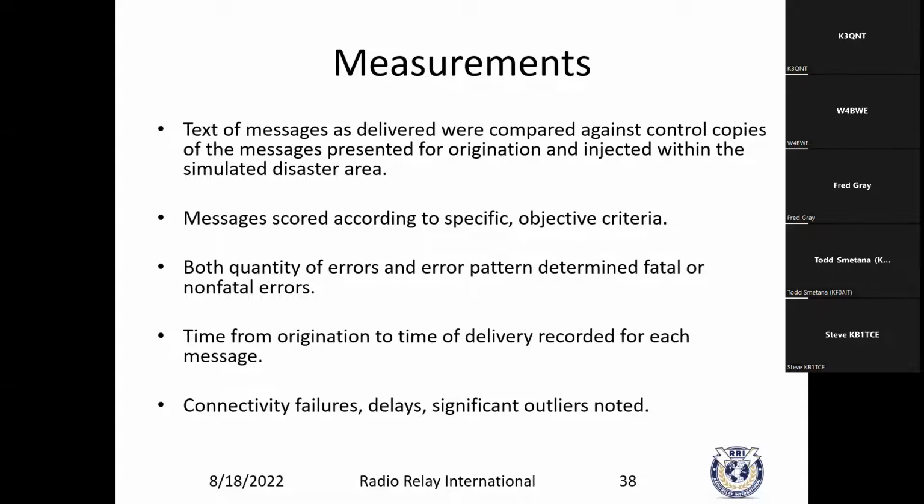Now, as I mentioned earlier, we looked at measuring accuracy. We decided that we needed an analytical methodology to not just score, but to determine failures. A good analogy might be land surveying.